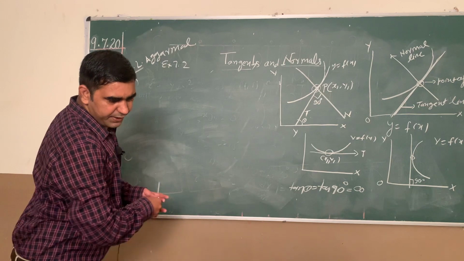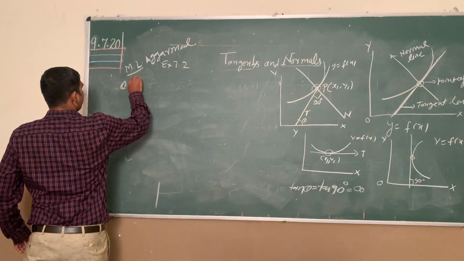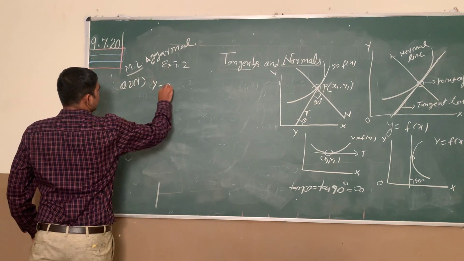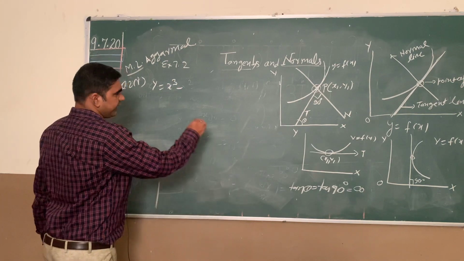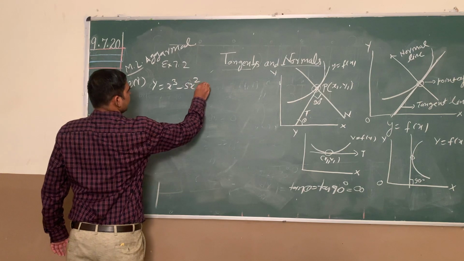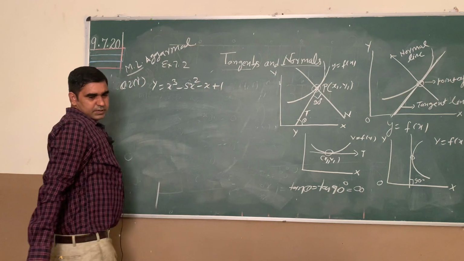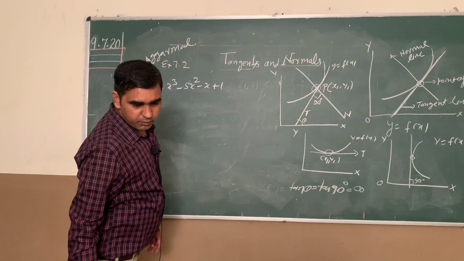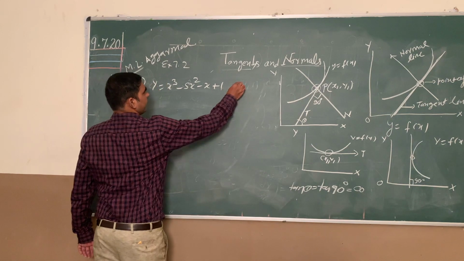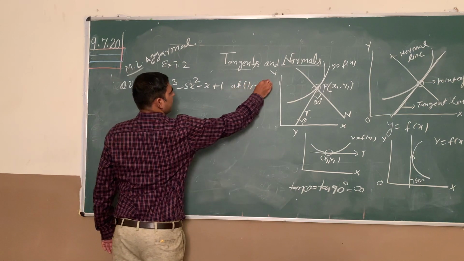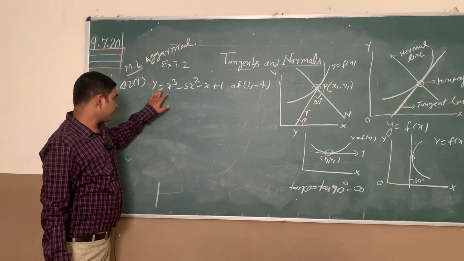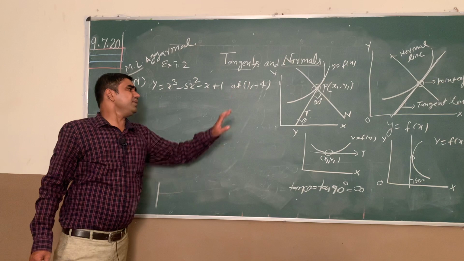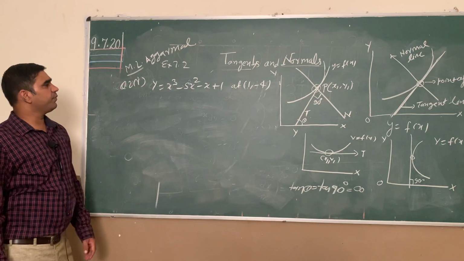Question number 2: y equal to x cube minus 5x square minus x plus 1, at the point (1, minus 4). Find the slope of the normal of this curve at this point.